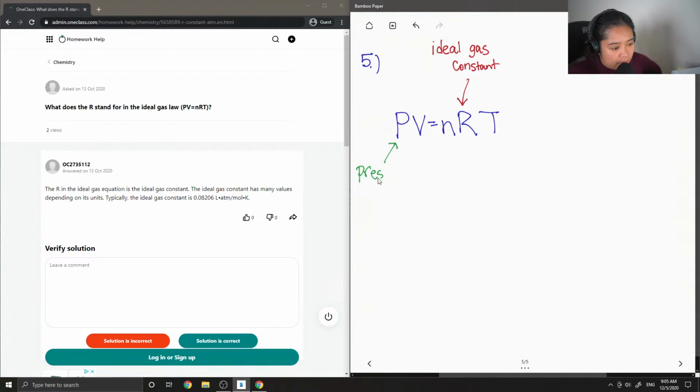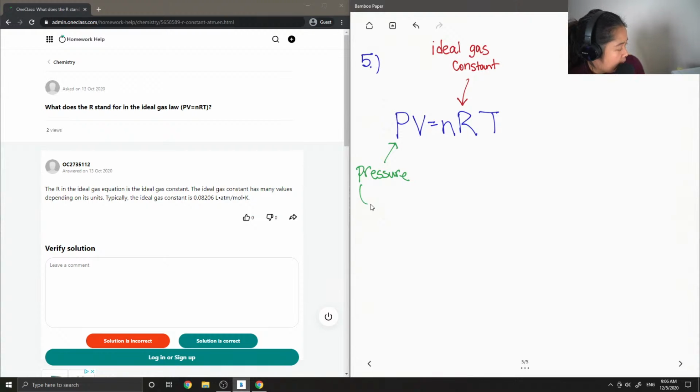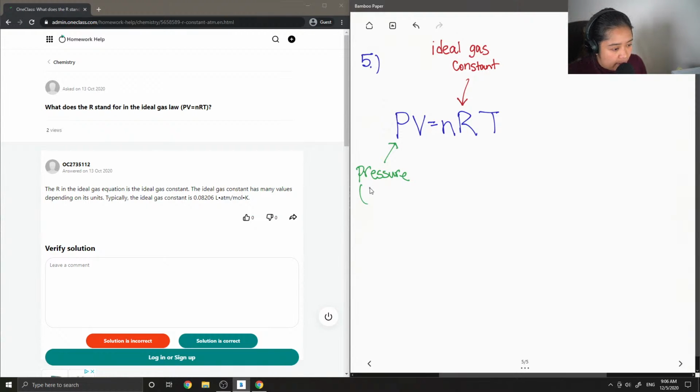So P stands for pressure. And at a standard atmosphere, the pressure is equal to 1 atm. The V is for volume.